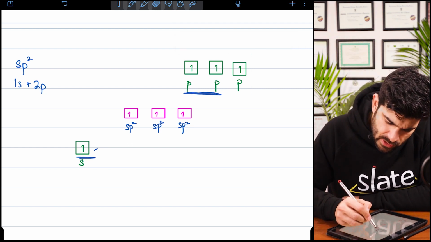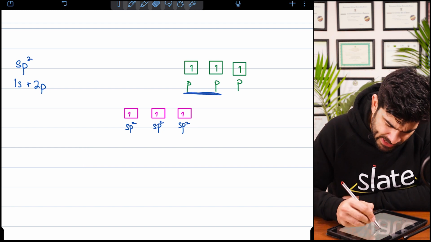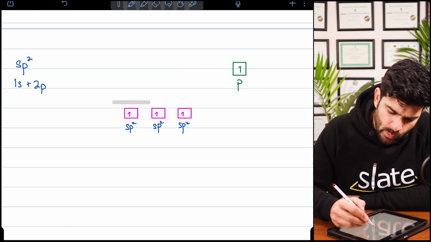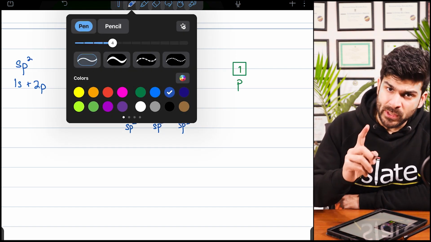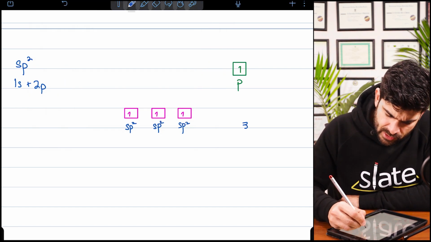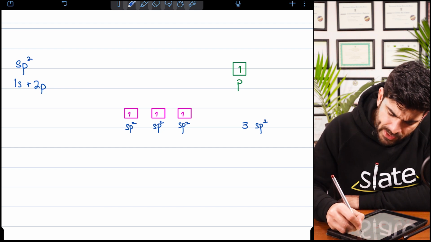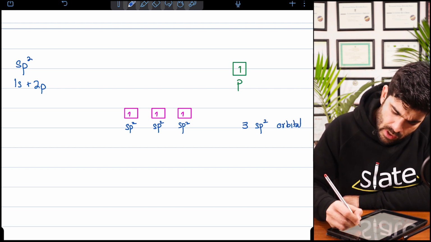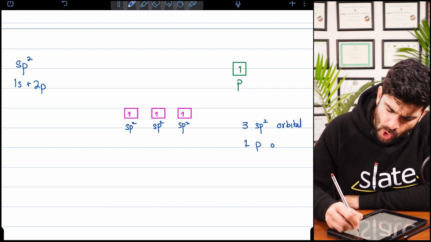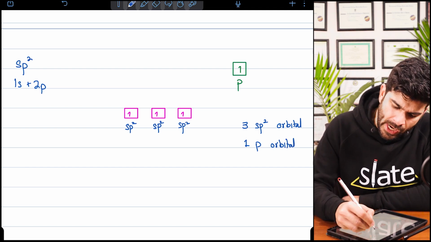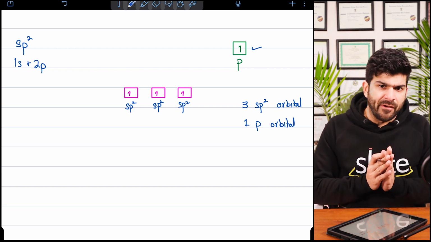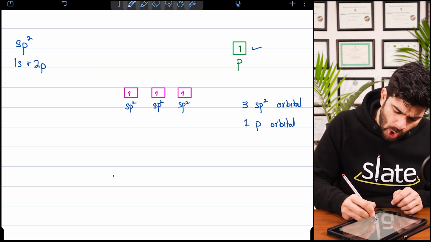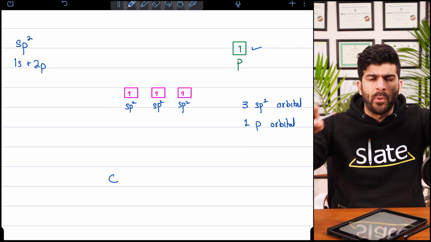So since this s and these p reacted, in an sp2 hybridized carbon we will have three sp2 orbitals and one p orbital. And remember, p is higher in energy. This is what we have. Now carbon has three orbitals, three bonds.